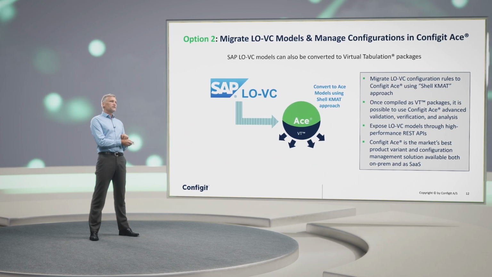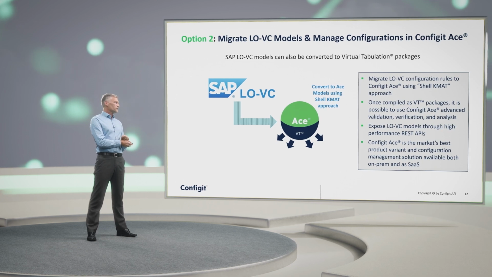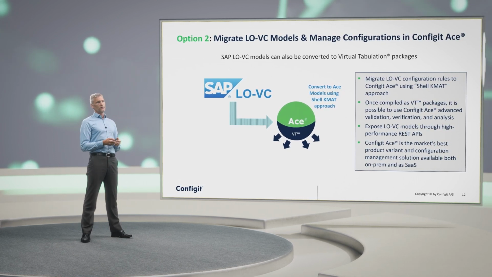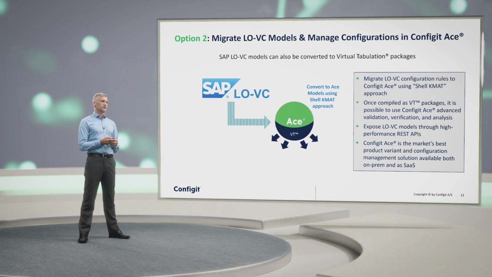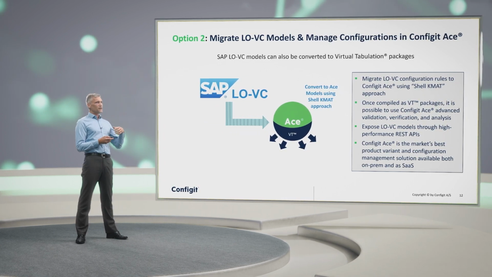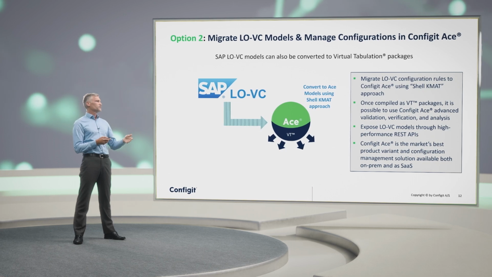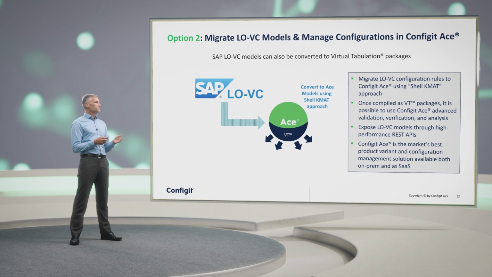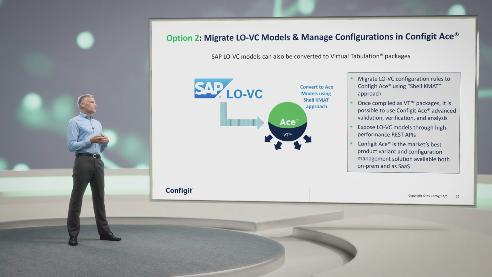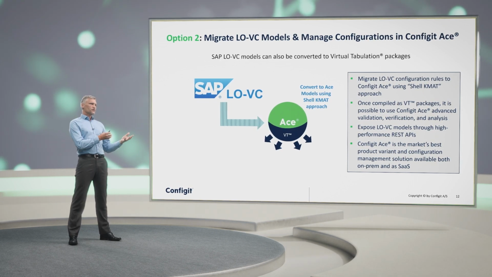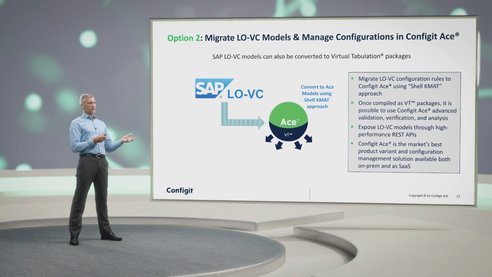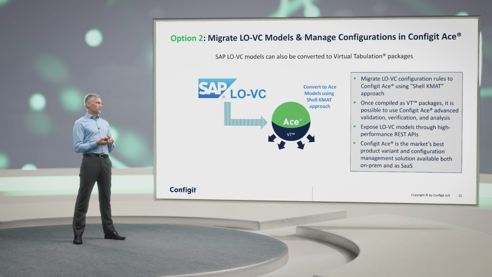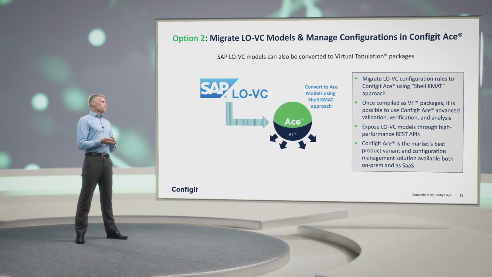The second option shown on the slide here is basically to keep the structure of your LO-VC models inside of SAP and then migrate or recreate the rules in ACE. So basically you keep the structure in SAP, the characteristics and the classes, but you do all the rules and all the logic in ACE model.